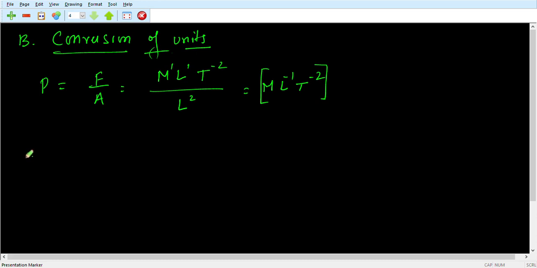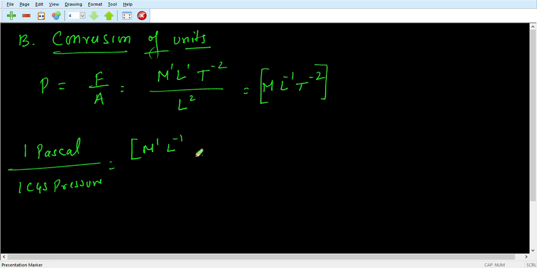We know that the SI unit of pressure is Pascal, so 1 Pascal upon 1 CGS pressure is equal to M to the power 1, L to the power minus 1, T to the power minus 2 upon M to the power 1, L to the power minus 1, T to the power minus 2.